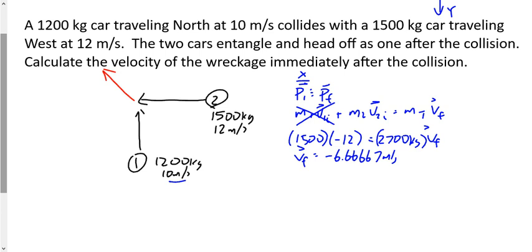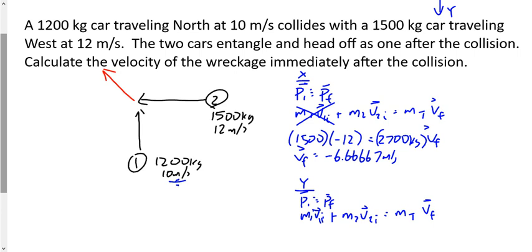Now let's do the Y's. Say m1 v1i plus m2 v2i equals, once again, m total times VF. What's V1i this time? Stephen, what's V1i this time? If we're looking at that 10 meters per second, how much of that is on the y-axis? All of it. Yeah, 10.